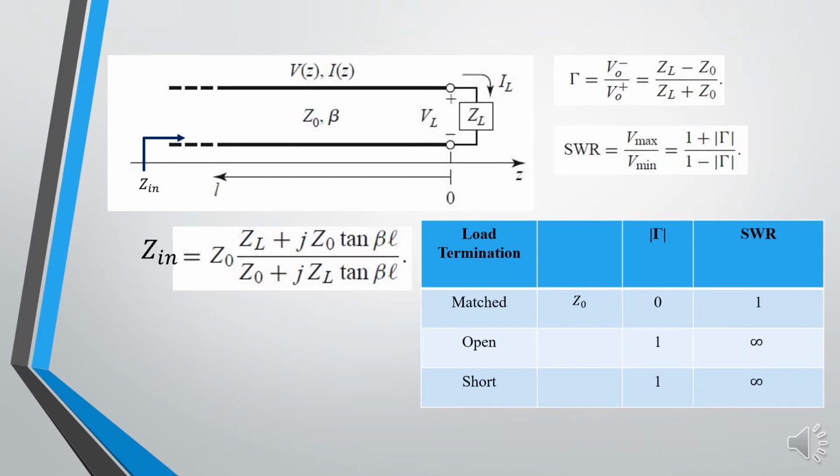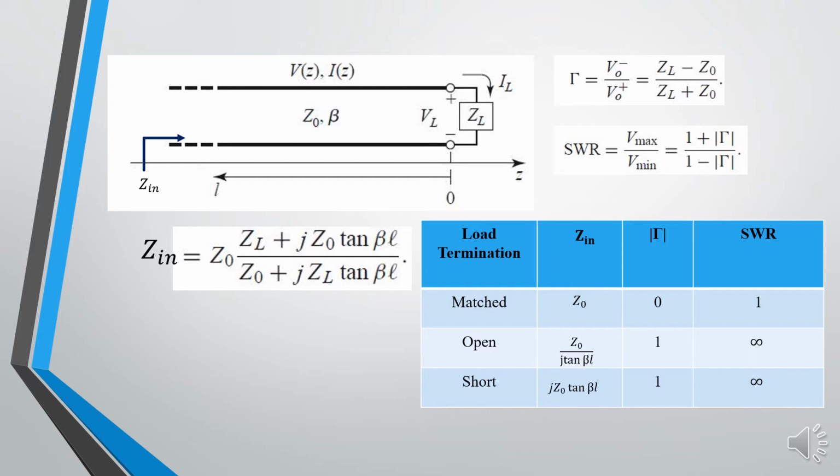Now this table shows three types of load termination and the different values of input impedance, reflection coefficient and standing wave ratio for these three load conditions. Firstly, we discuss the matched termination.